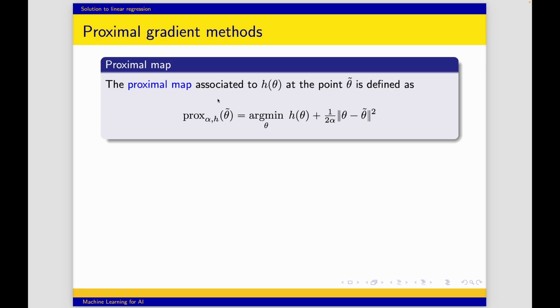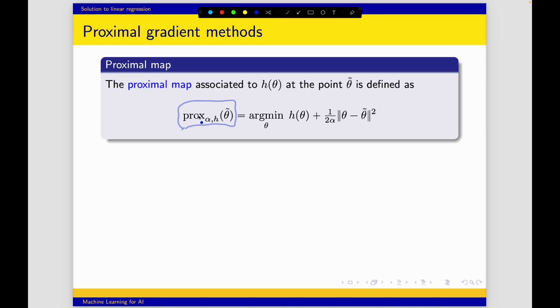The proximal map associated to a function. So this is just a general definition so far. The proximal map associated to a function h of theta at a point theta tilde is defined as follows. It's the value of theta that minimizes h of theta plus 1 over 2 alpha times the 2 norm of theta minus theta tilde squared. So this proximal map, we have this notation for it: prox alpha h of theta tilde.